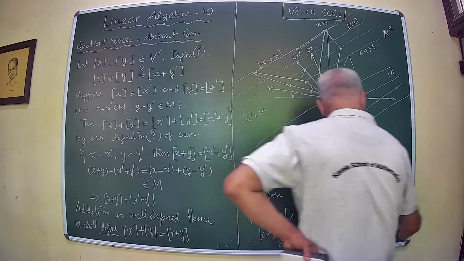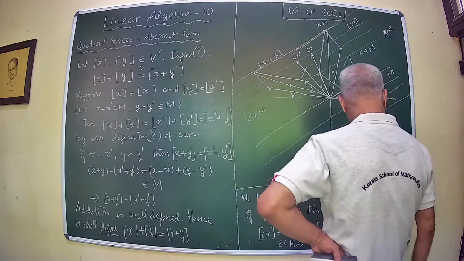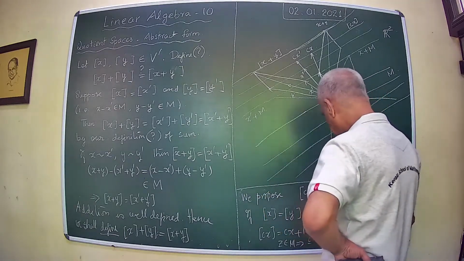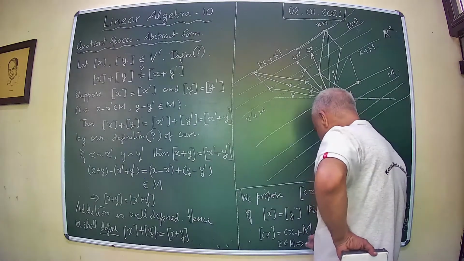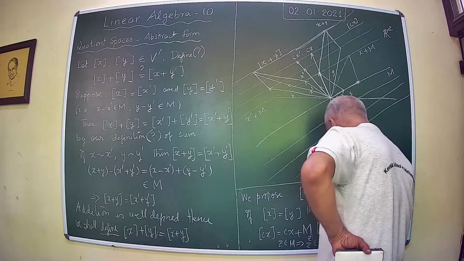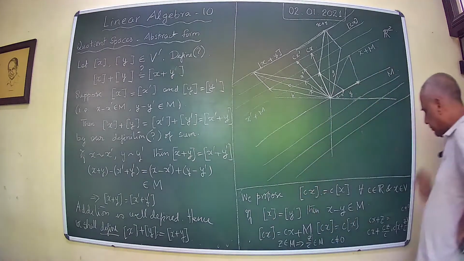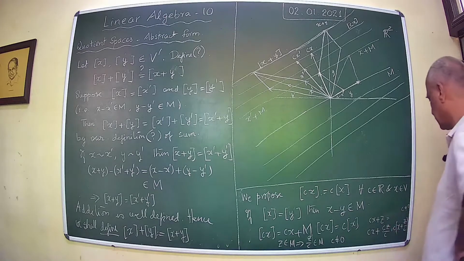if Z belongs to M, that implies Z by C belongs to M whenever C is not equal to 0. Otherwise, it's quite simple. It is Cx.